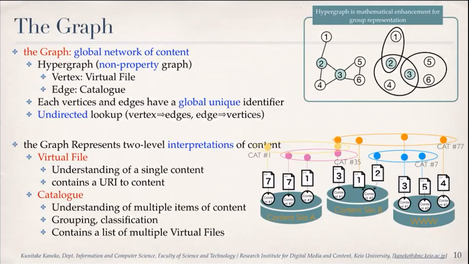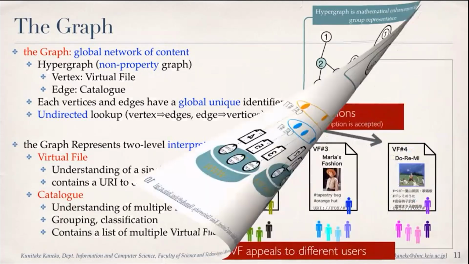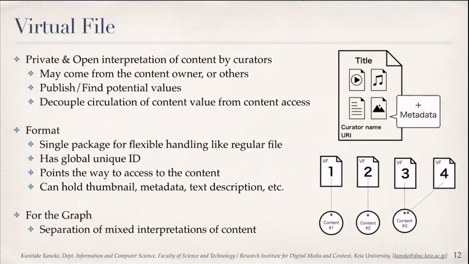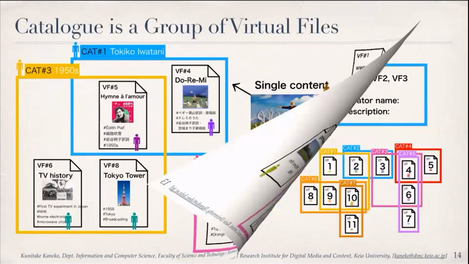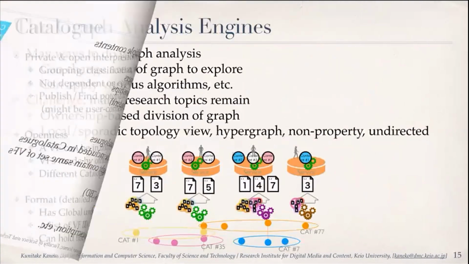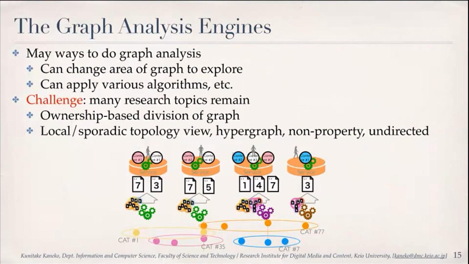So the next step is graph analysis. For the graph analysis, the input is a graph, and then we analyze it. Each of the services wants to analyze by themselves, with their own aspects. You might think that if many people do the analysis of the graph, the result is the same.